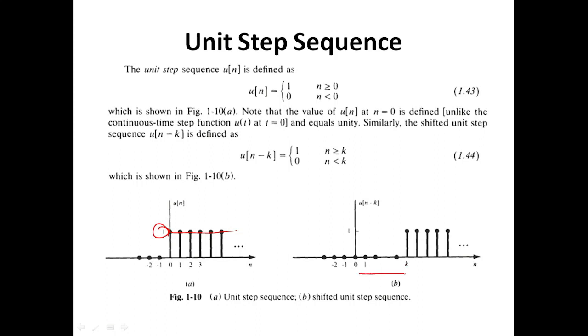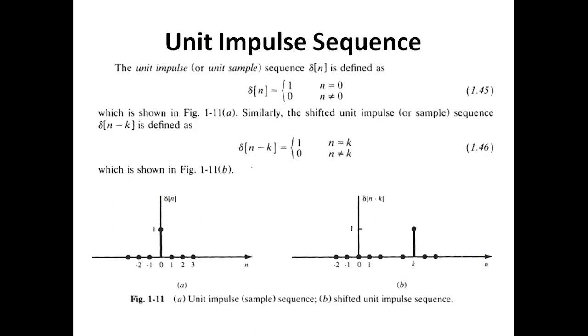We can also have the signal in a delayed form, u[n − k]. Then the unit impulse function: δ[n] equals 1 at n equals 0 and 0 for n not equal to 0, and you can shift it to any other position by varying the value of k.